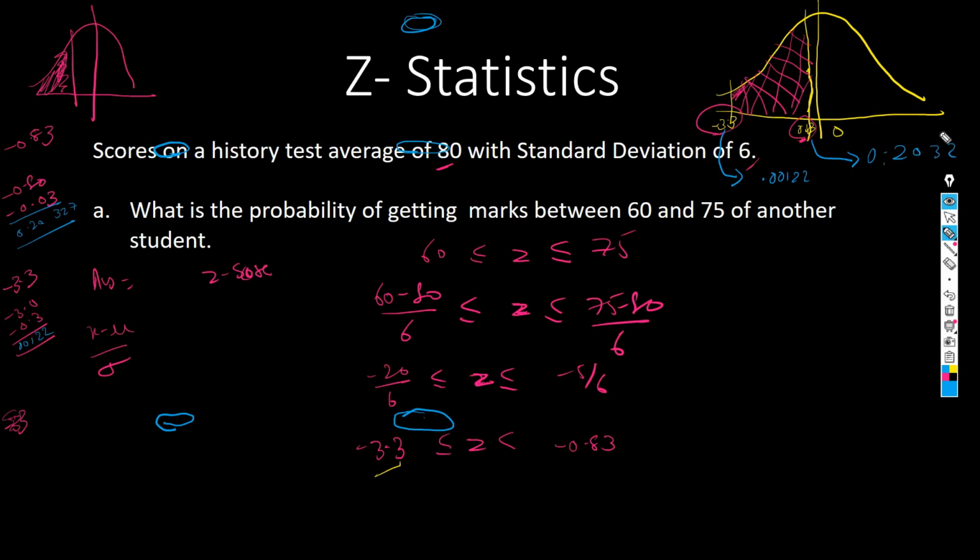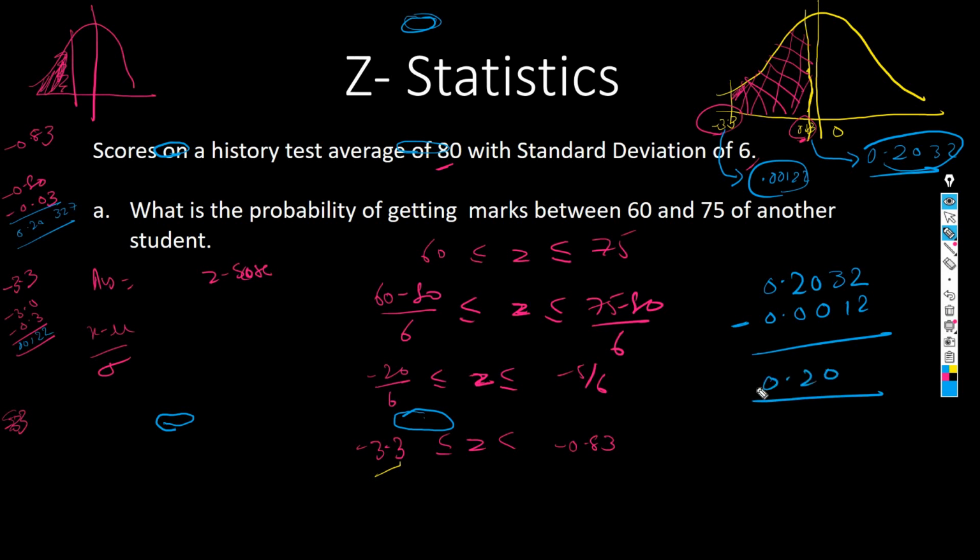Now I will subtract this probability from this probability: 0.2032 minus 0.0012, right? So I will get around 0.20. So I can say there is a 20% probability that I will get marks between 60 and 75.